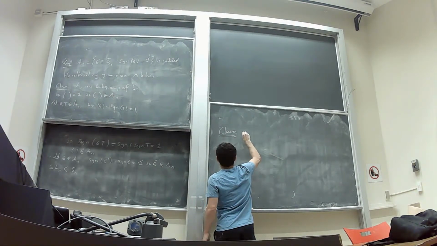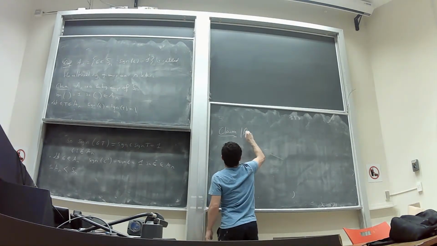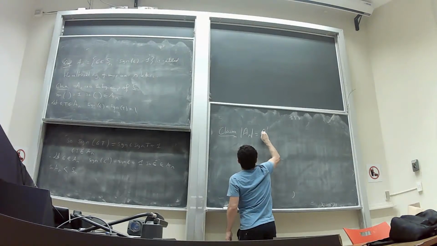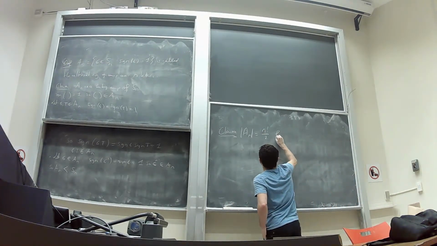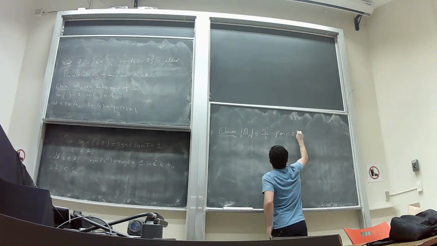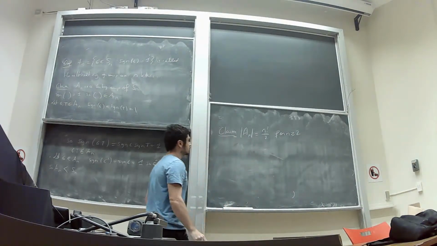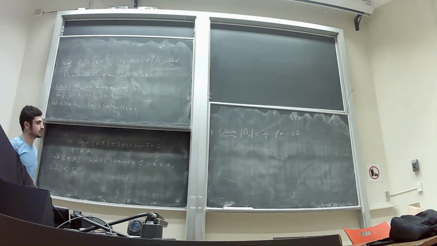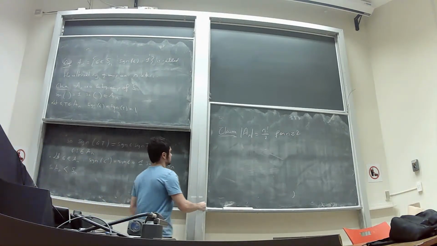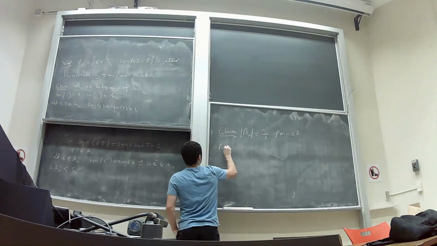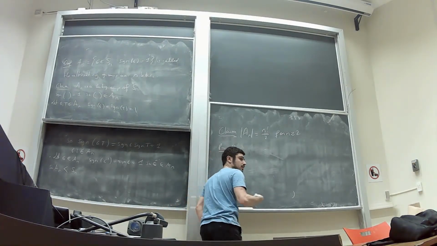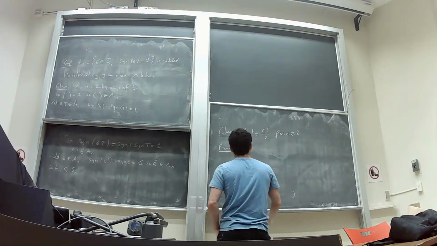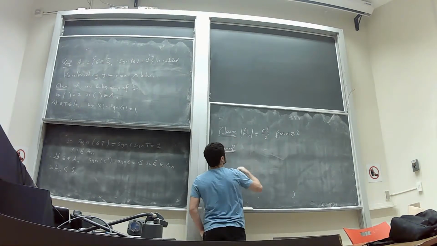Okay, well, let's say that the cardinality of A_n is bigger than or equal to n factorial over 2. Proof. We'll see another way of doing that later on, but this is what we can do with the knowledge we have.